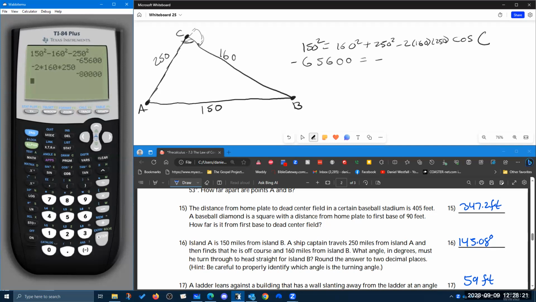It's another big negative number, negative 80,000, cosine of C. So negative 65,600 divided by negative 80,000 is 0.82.